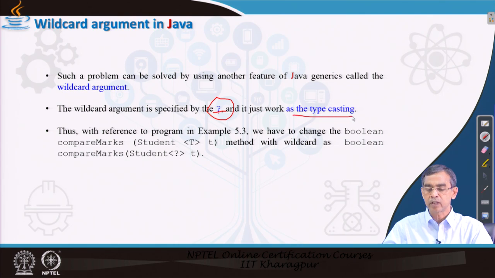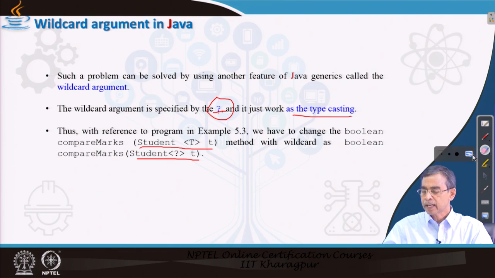So this is called the wildcard symbol used for type casting. Earlier in the declaration we wrote Student T. If we use the wildcard, then we should write Student with this symbol. Then the typecasting can be enforced. So this symbol in place of the template T is the wildcard symbol.